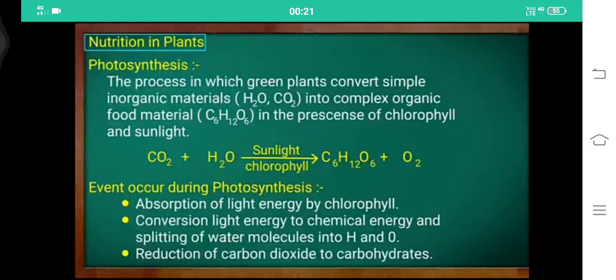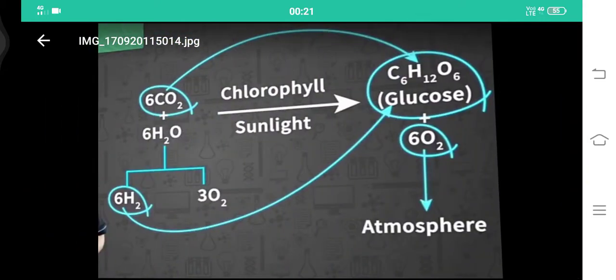Clear? So if they ask in the examination to write the equation of photosynthesis, you have to write carbon dioxide, water, sunlight, chlorophyll, glucose. How many molecules of carbon dioxide are required? Observe carefully. 6 molecules of carbon dioxide and 6 molecules of water in the presence of sunlight and chlorophyll.